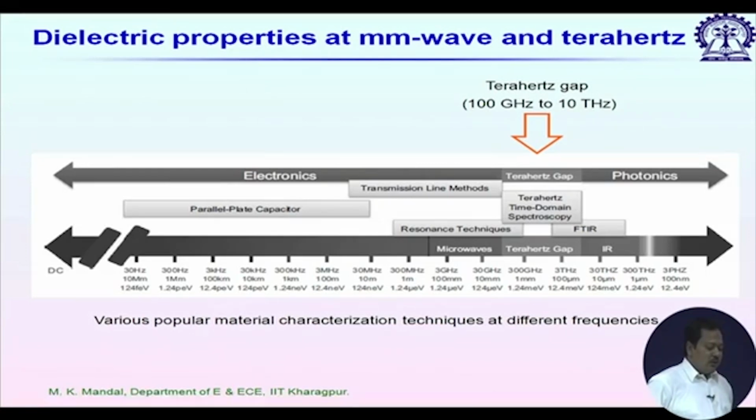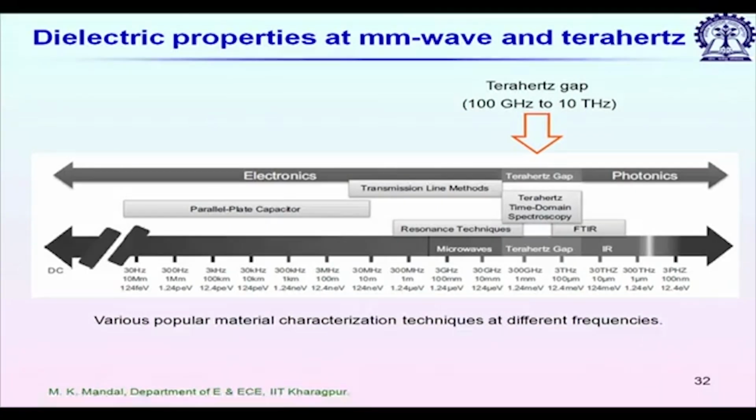But since we already know that the dielectric constant is a function of frequency, how does this material behave at millimeter wave or sub millimeter wave frequencies? Okay, so we will take a short break, then we will start again.